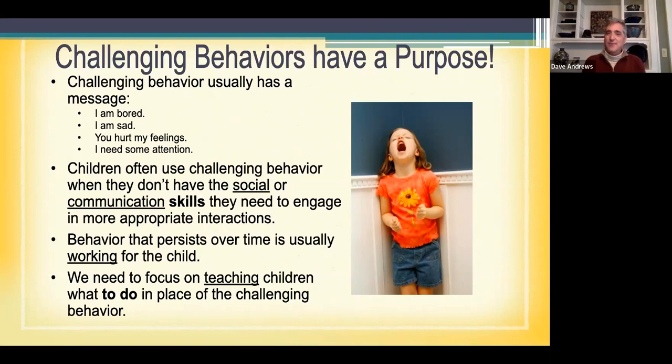They're going to have those feelings. They're going to be bored. They're going to be sad. Their feelings will get hurt sometimes. We're all humans. They're going to want attention. So we need to provide the tools to support kids to be able to communicate that. That's why communication is so important.